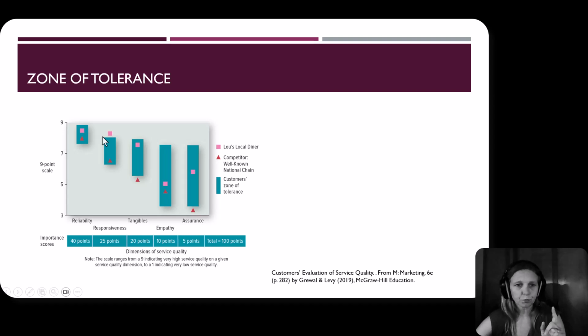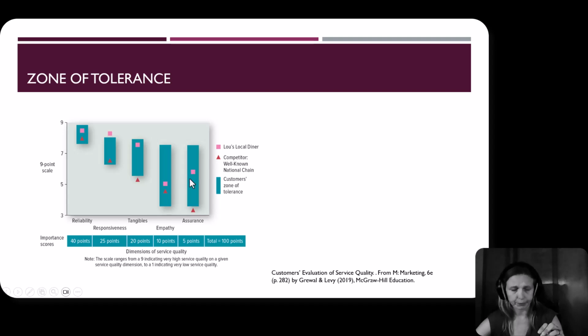So Lou's actual performance on average is really high on reliability, a little bit lower on responsiveness, so maybe how fast the servers are. The service is better than the food. The empathy of the managers and the people there, pretty low. I'm not sure what they mean on assurance.